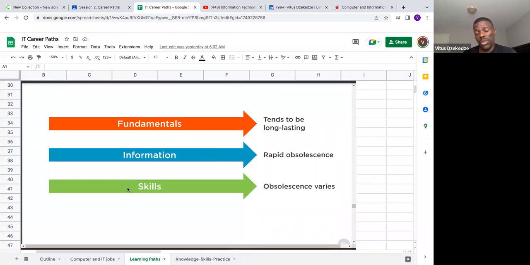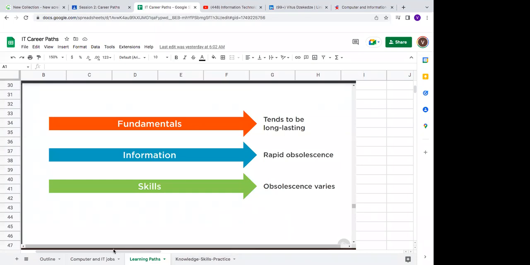So maybe comparing it with someone else's knowledge, if they're very good at fundamentals, very good at information, and they've shown that they have many skills, then we can go ahead and tell them, hey, you get this job based on all of that. Does that make sense? All right.